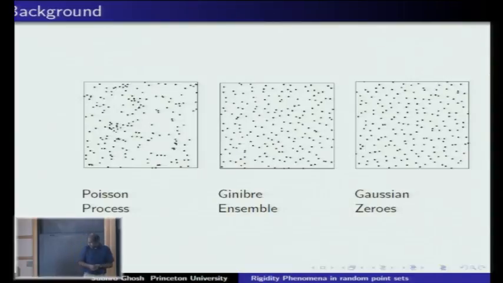So, for example, if you consider the hole probabilities, which is the probability that there are no points in a disk with center 0 and radius r.